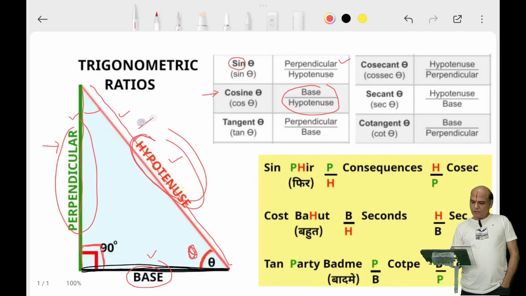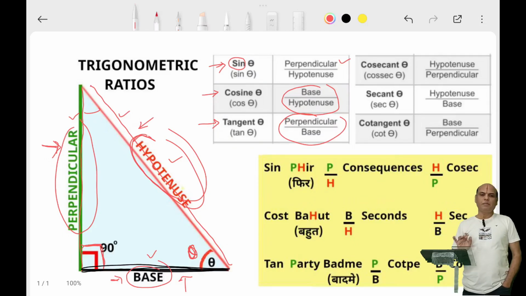Perpendicular by hypotenuse is called sine. Base by hypotenuse is called cosine. And the ratio perpendicular by base, that is this side by this side, is called tangent.